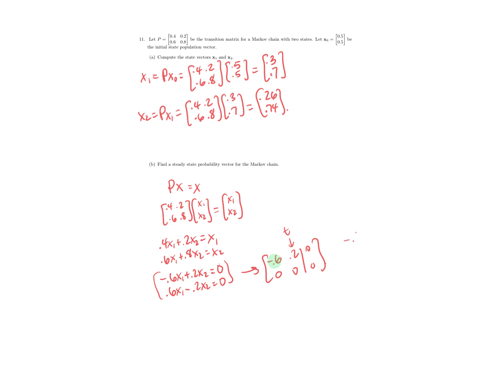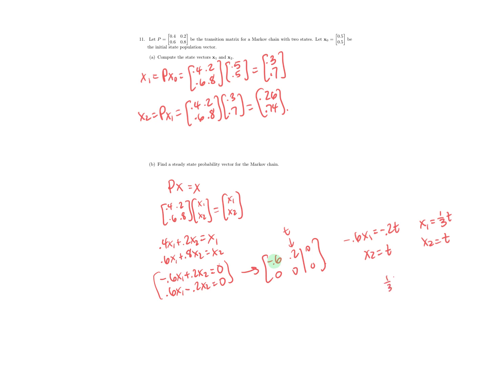So I have negative 0.6 x1 is equal to negative 0.2 t, and x2 is equal to t. If I divide, negative 0.2 divided by negative 0.6, I get 1/3. So x1 is equal to 1/3 t, and x2 equals t.